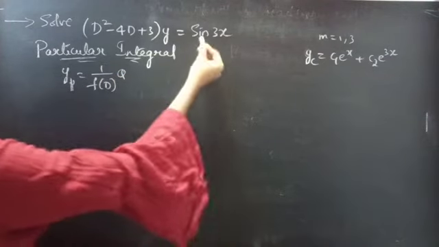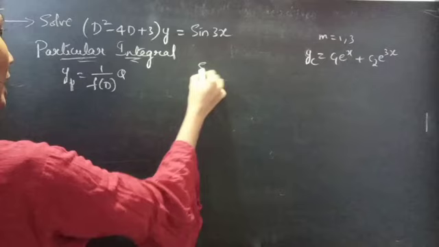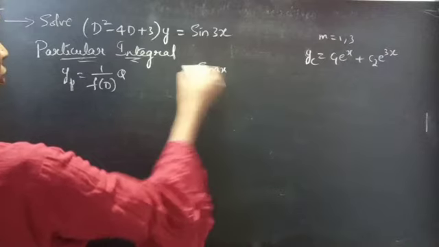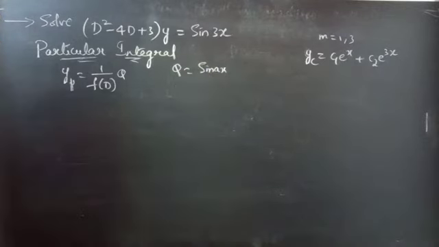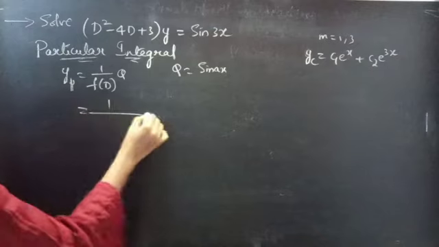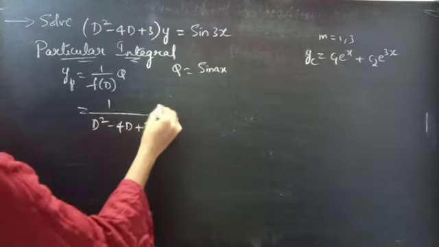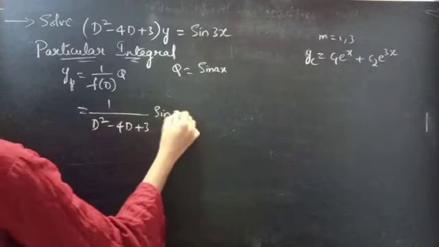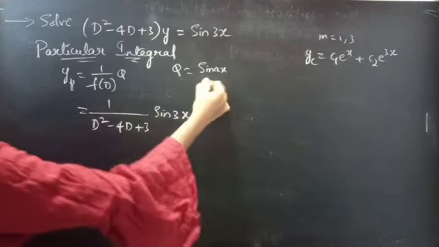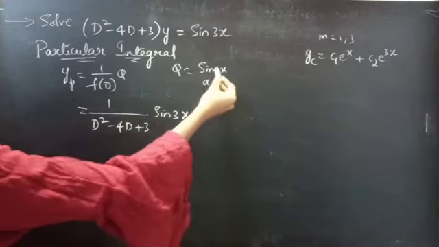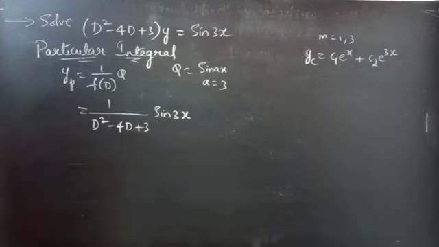Here we are having q is of sine ax form, right? And yp equals to 1 by f of d, d square minus 4d plus 3, into q, sine 3x, for a equals to 3. If you compare sine ax with sine 3x, you'll get a equals to 3.